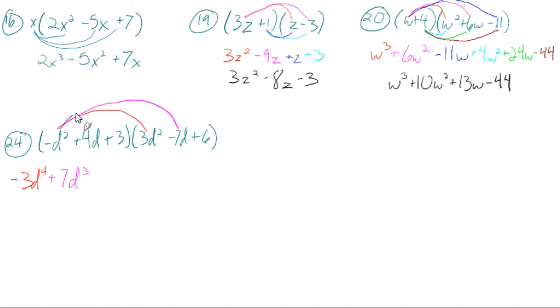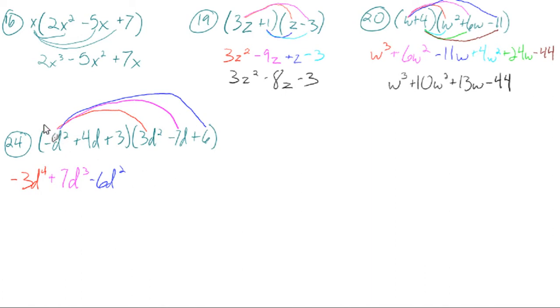And now we move on to the 6. Negative d squared times 6 will be negative 6d squared. And now we've taken negative d squared and multiplied it by everything in here, everything that's possible.